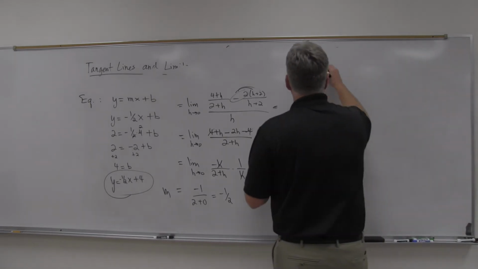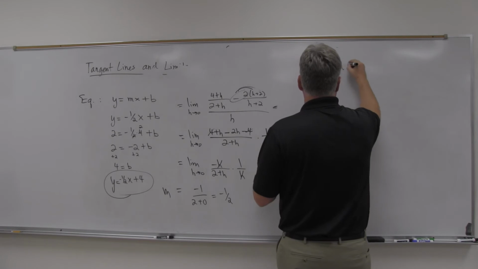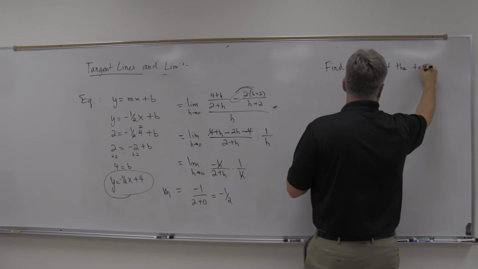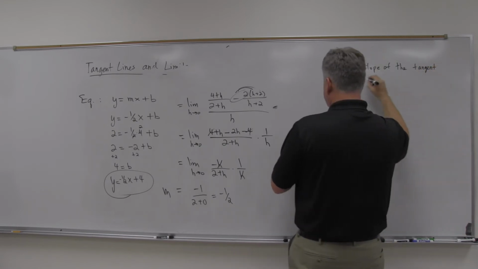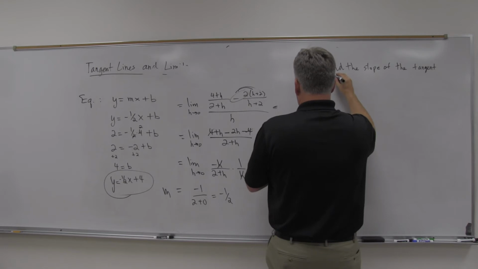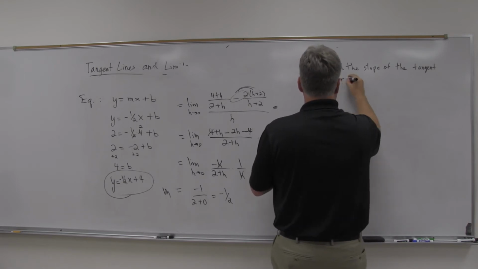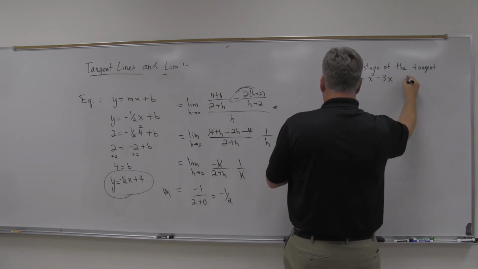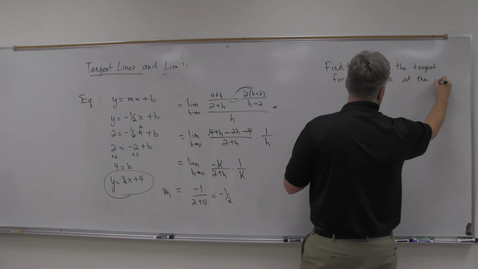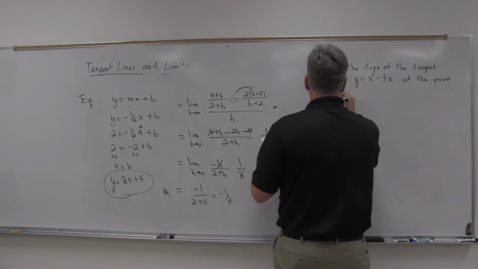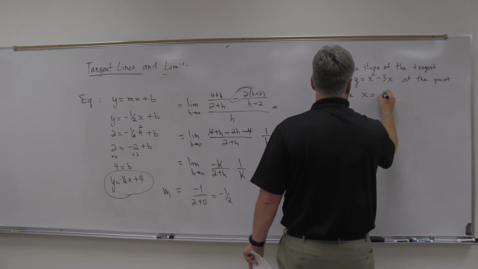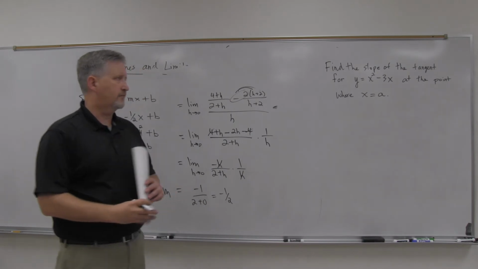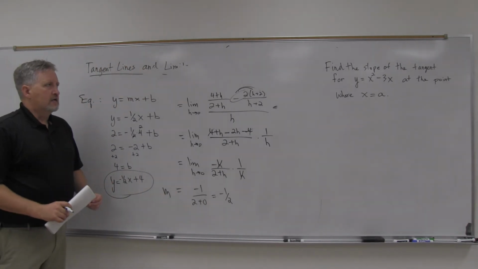Find the slope of the tangent for y equals x squared minus 3x at the point where x equals a. And the slope of the tangent for y equals x squared minus 3x at the point where x equals a, using equation 2.